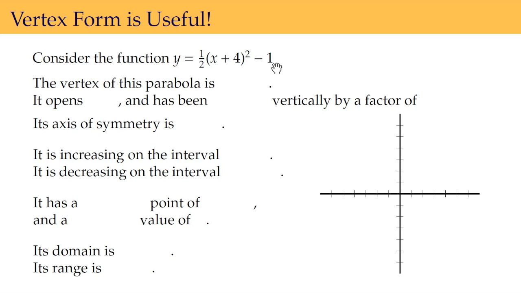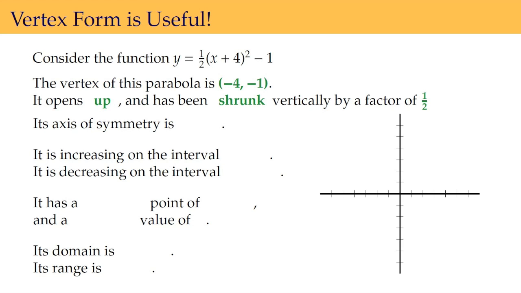So the vertex of this parabola is (-4, -1). The number in front here is positive, so it opens up. And since it is less than 1, it has been shrunk vertically by a factor of 1/2.